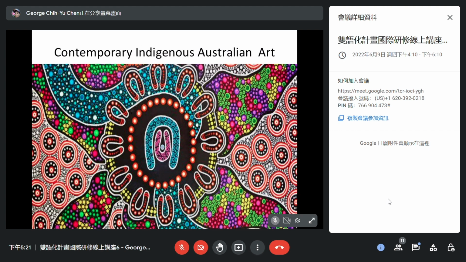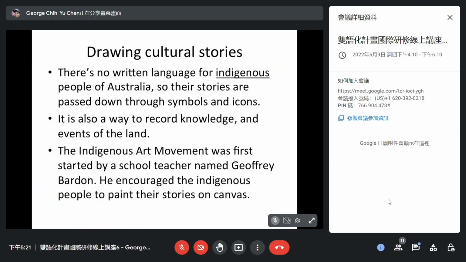But again, in Australia, you can still hear people use Aboriginal art, because this term has been used for many decades. So don't be surprised, the word is still used, Aboriginal. So, Aboriginal art, Australian Indigenous art. So drawing cultural stories.